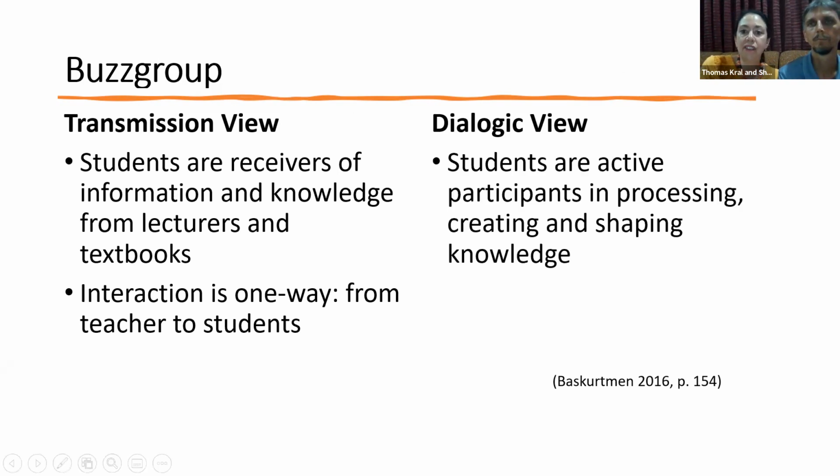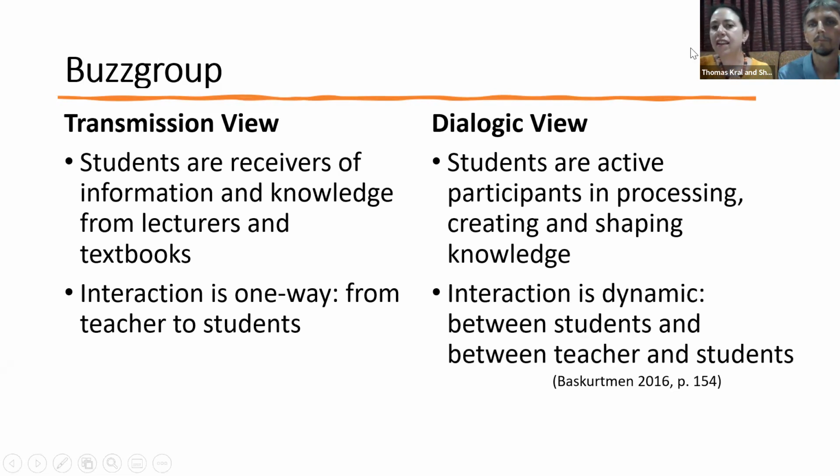And in the dialogic view, students are active participants in the process, creating and shaping the knowledge. And the interaction is dynamic, and we heard that word yesterday from Nina, between students and between teacher and students. So thank you for that.